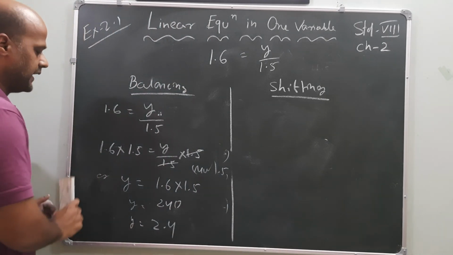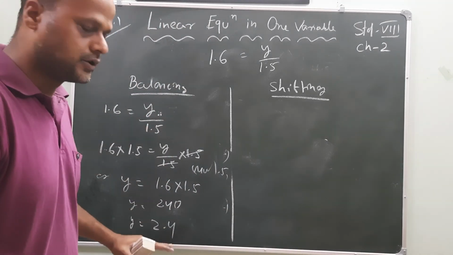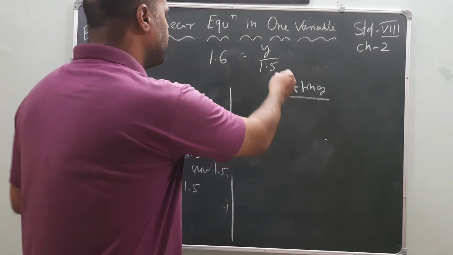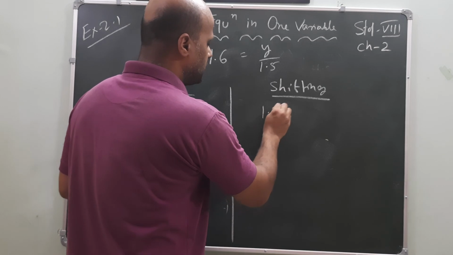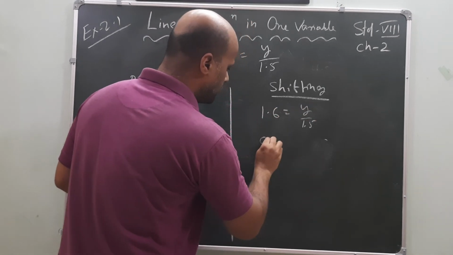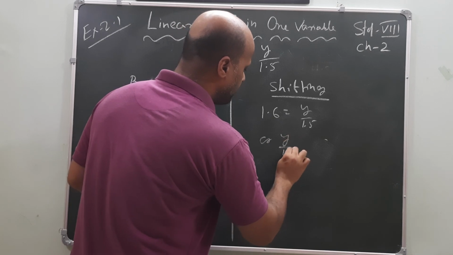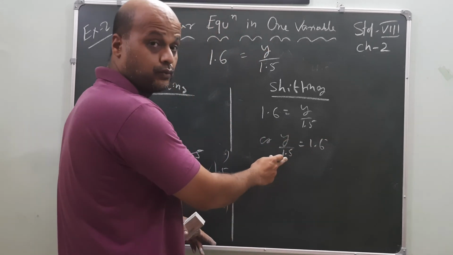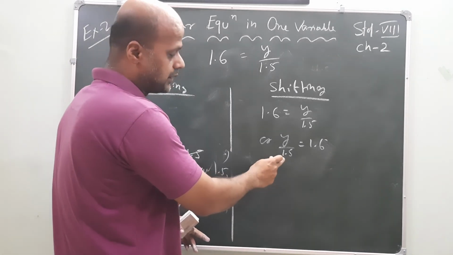Okay now? So my dear friends, this is the basic of solving the equation. Now the shifting process: 1.6 is equal to y by 1.5, or y by 1.5 is equal to 1.6. Here, which number is divided with the variable? 1.5.